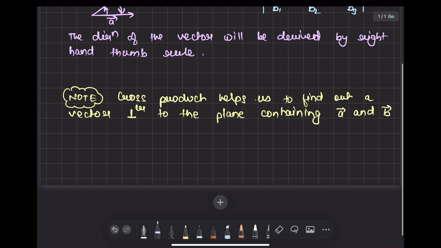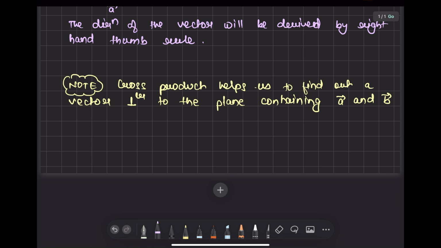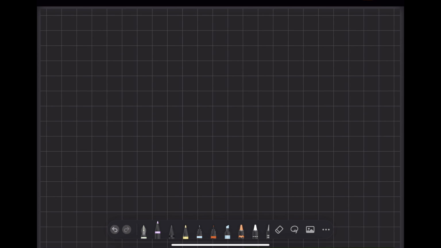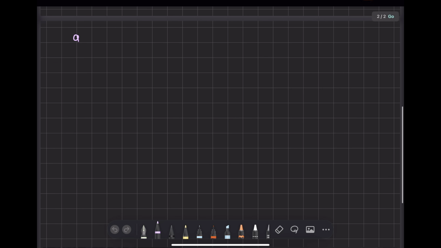Okay, now look at this idea. So let's change the page. Suppose you got a cross b and you got b cross a. You know that one vector is going inside the plane, the other is going outside the plane.